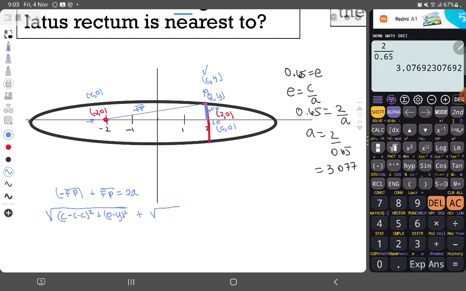So we have C minus C square plus Y minus 0 square is equal to our 2A.